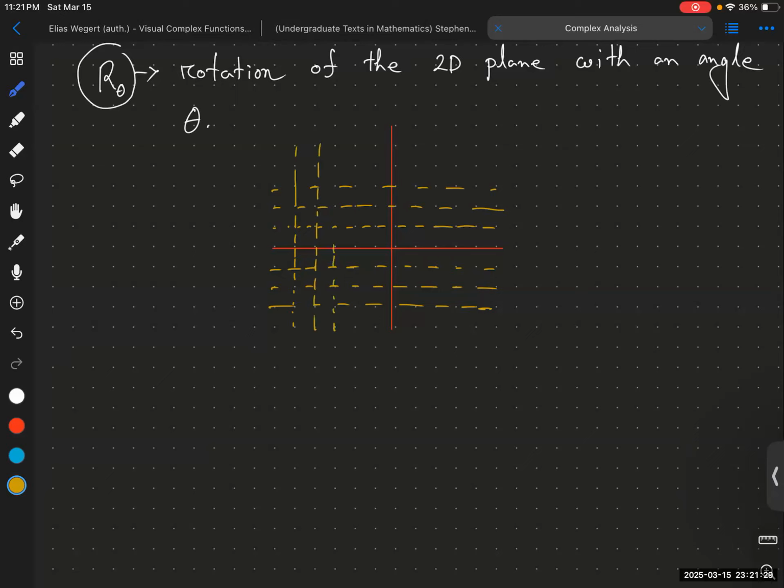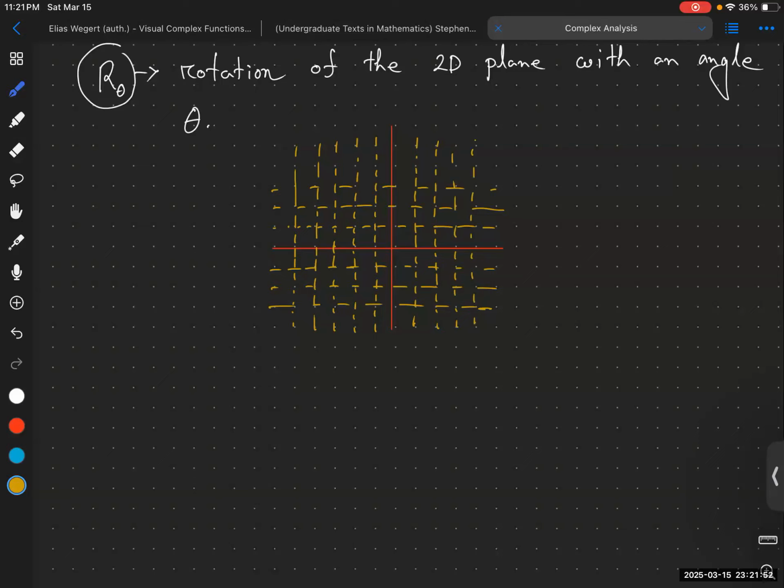So this is our basic two-dimensional coordinate system. So what R theta is doing, R theta is basically transforming this coordinate system, or rotating this coordinate system, with an angle theta. Now we will visualize what will happen after applying R theta.